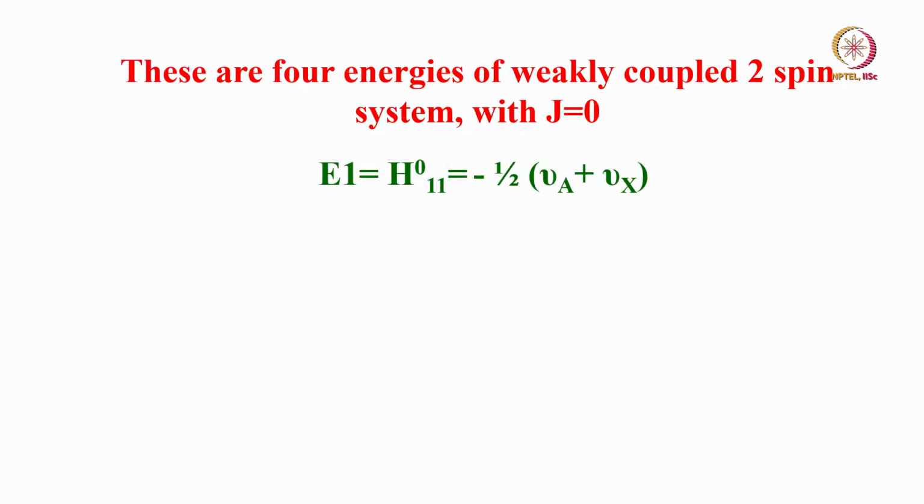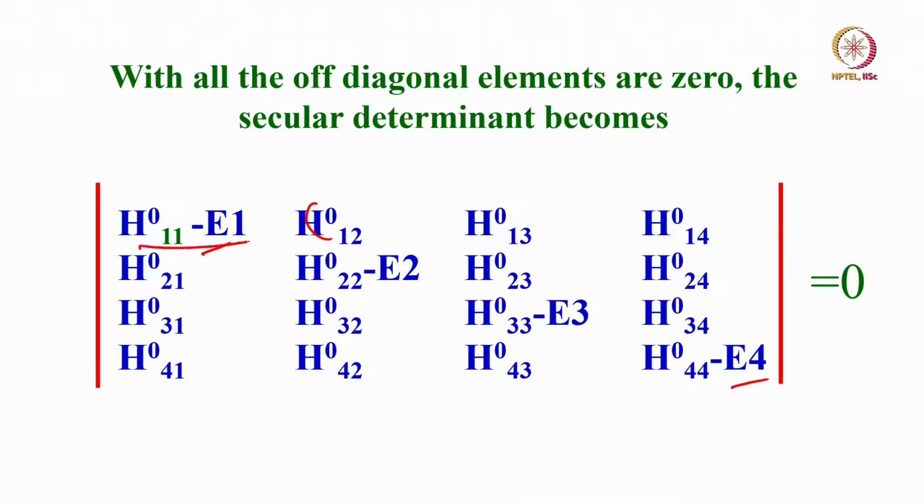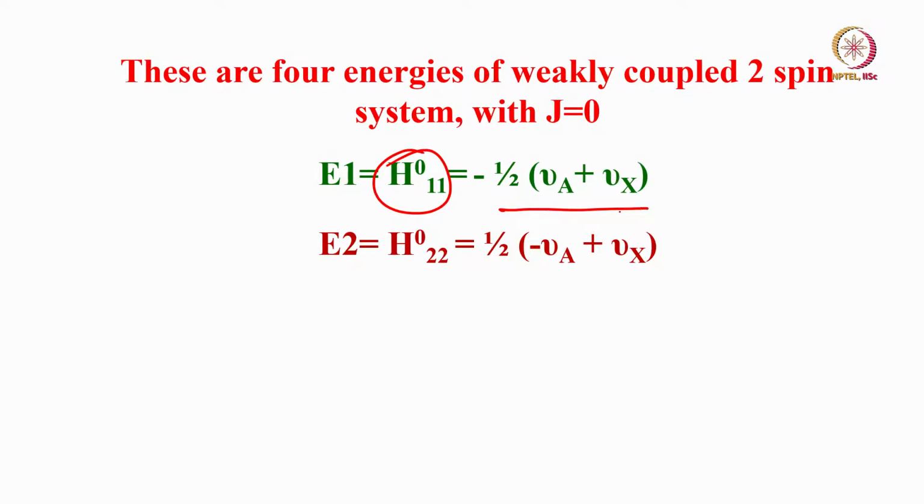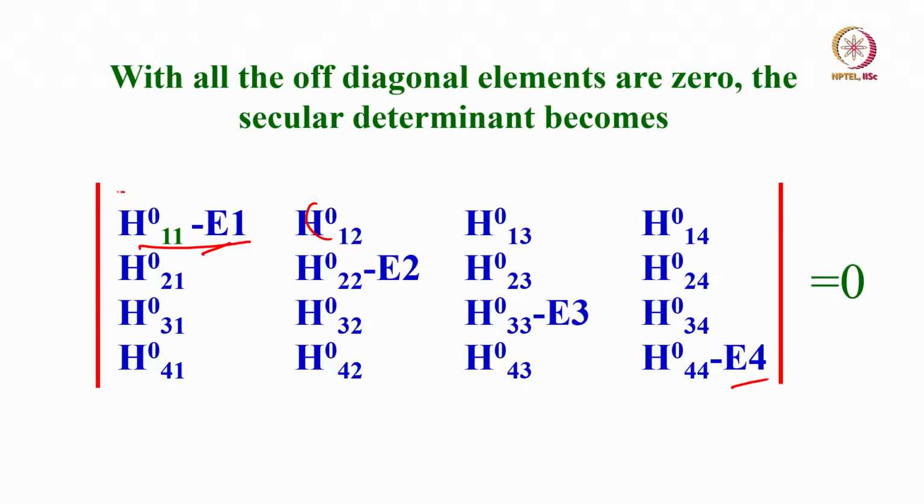So, okay, now E1 is equal to, this of course is simple matrix algebra, I do not have to tell you, H11 minus E1 is equal to 0, this is the first diagonal term, then E1 becomes equal to H11.